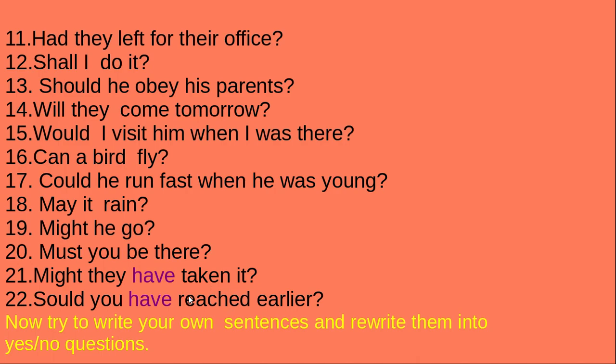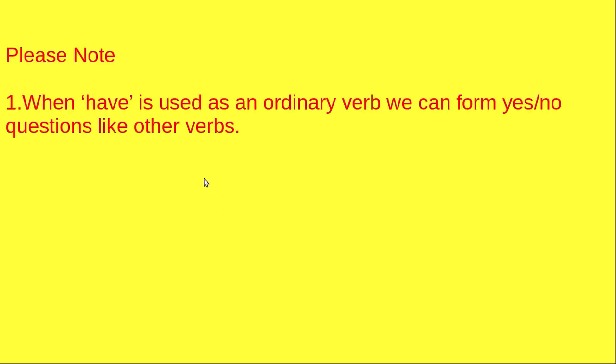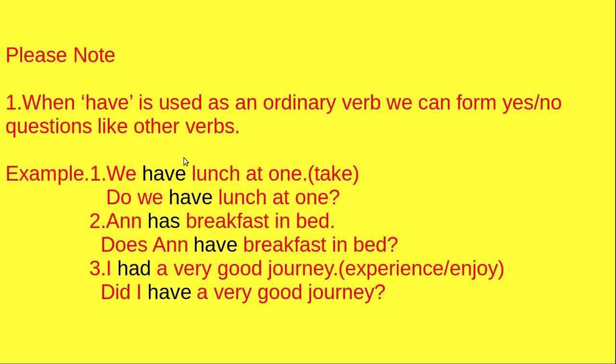Clear, dears? Right? Now you have to note that when have is used as an ordinary verb, then everything is like the ordinary verbs, right? We have lunch at 1.